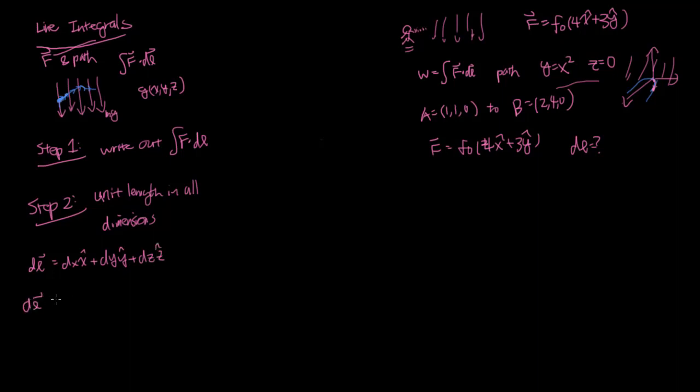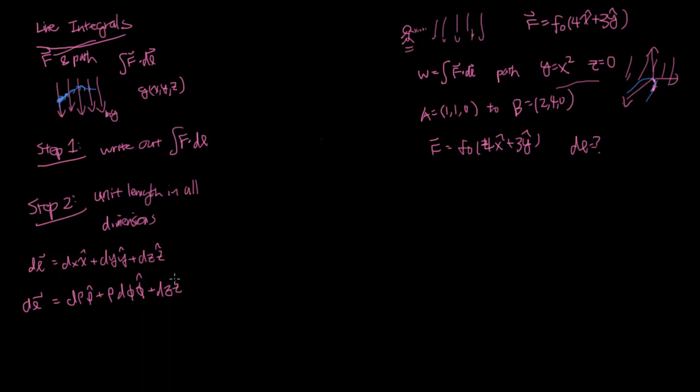In the case of cylindrical coordinates, we have d rho rho hat plus d phi phi hat, right? Nope, what do you have to add? The radius, right? Whenever you have a segment angle, you have to multiply it by the radius, so that it's actually a unit length.